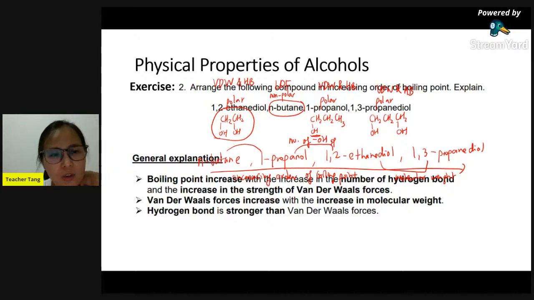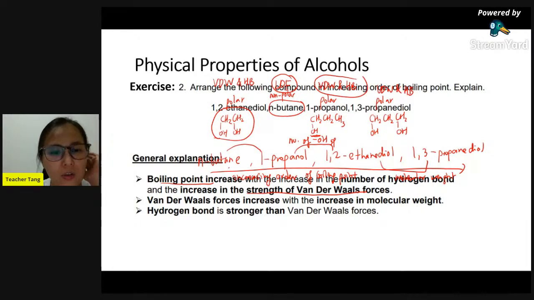So generally, the boiling point increases as the strength of the van der Waals forces increases. Okay, so N-butane only has weak van der Waals forces. 1-propanol has stronger van der Waals forces and hydrogen bond.